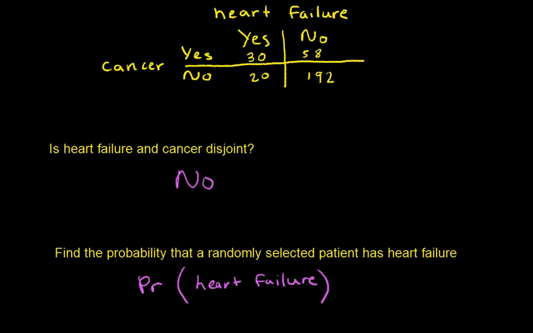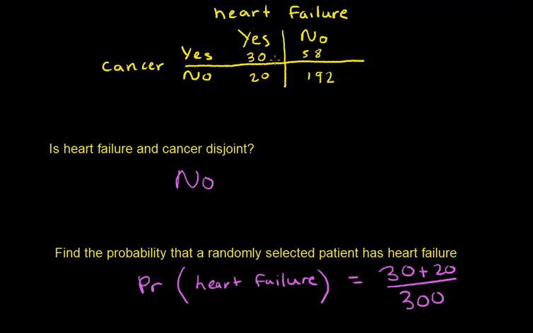So the probability of heart failure. Let's see, how many patients have heart failure? Looking at this table, everyone in this column has heart failure, so that would be 30 plus 20, divided by the total sample size, which is 300. There's 300 people in this sample.